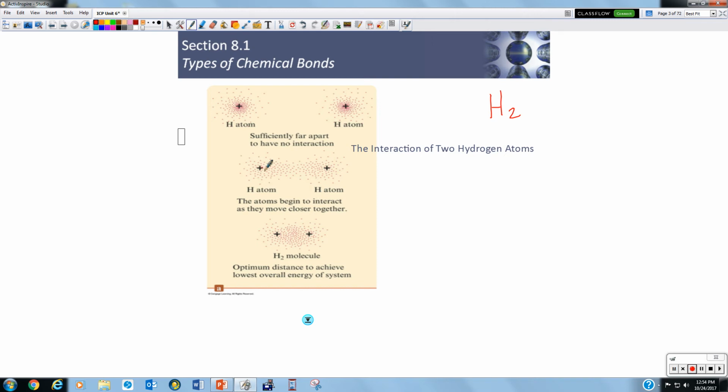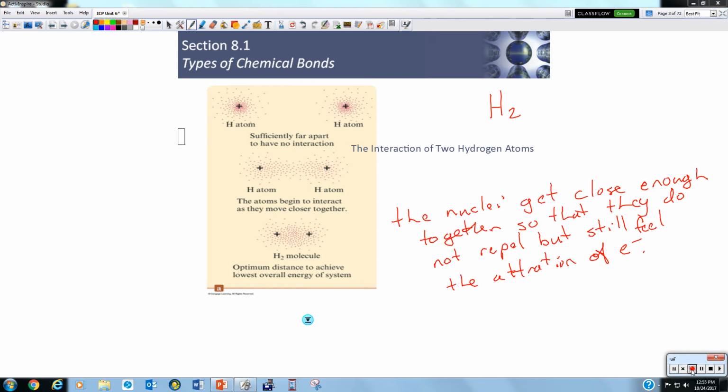So as the nuclei move closer and closer together, they're going to a lower and lower energy state until they reach the point where they're exactly the right distance apart, that the nuclei are not repelling each other, but they're close enough. So let's say it more clearly.